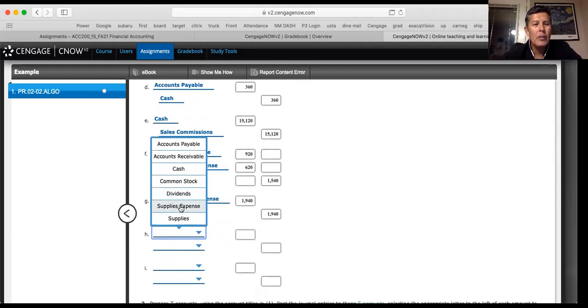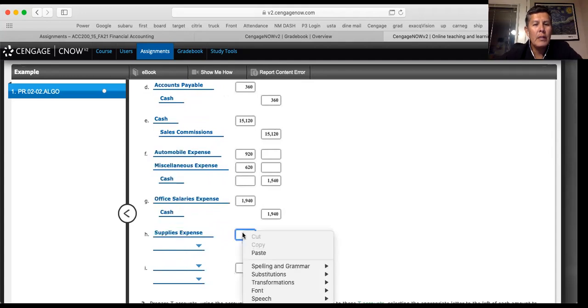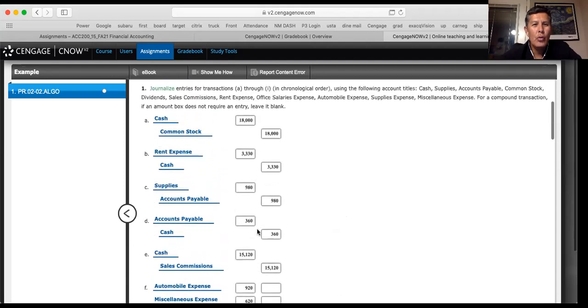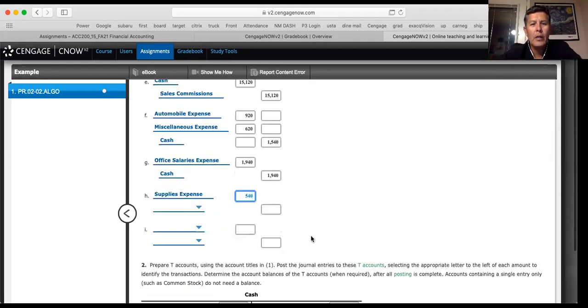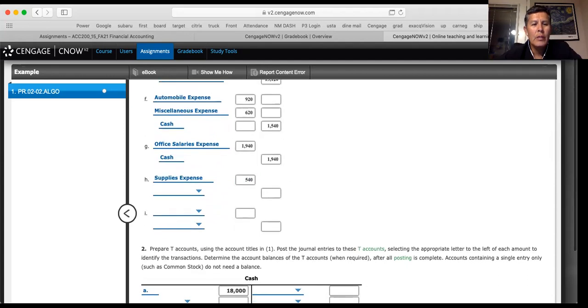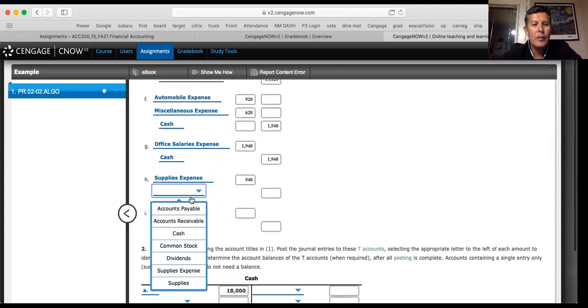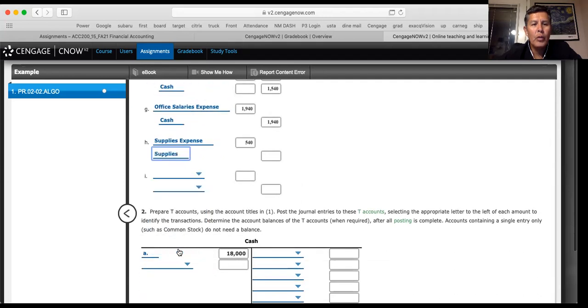So this will be supplies expense. Now we're expensing this. Remember when we expense something, it goes to our income statement. So for 540. And that's going to come out of our supplies account. Remember, supplies is an asset account. We bought it with cash up here, and now we're pulling it out. We're saying we used it.